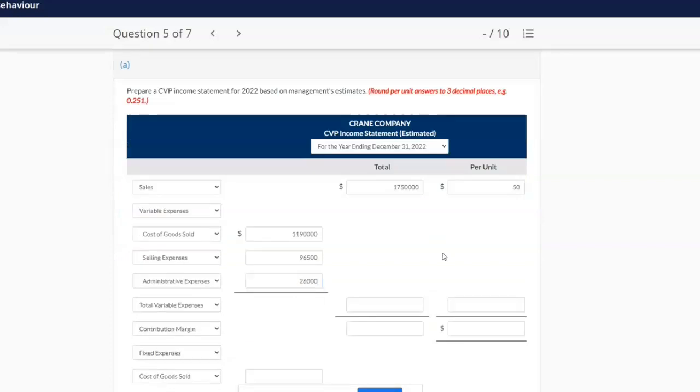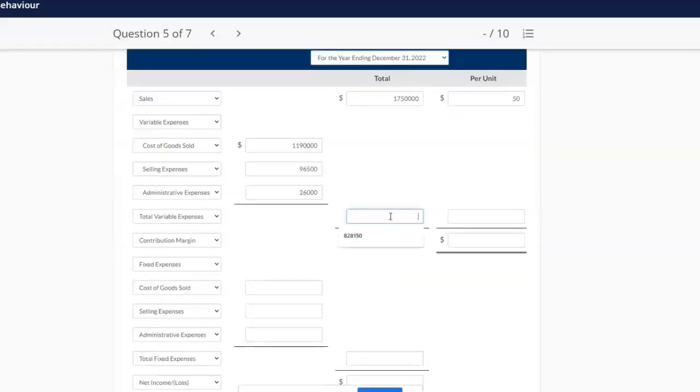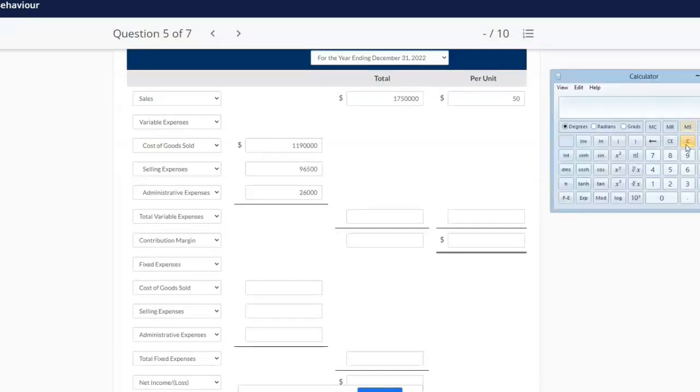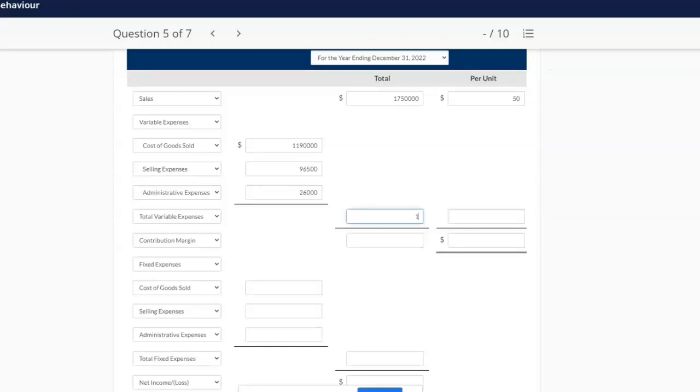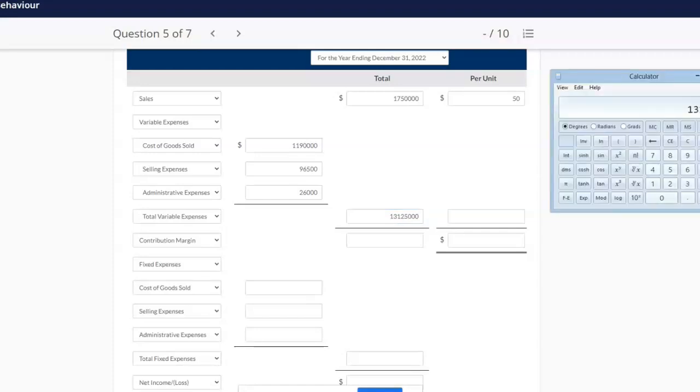Total variable expense should be the total of the three. 1190 plus 1312500. 13125. Right? Only 20. Oh, sorry.